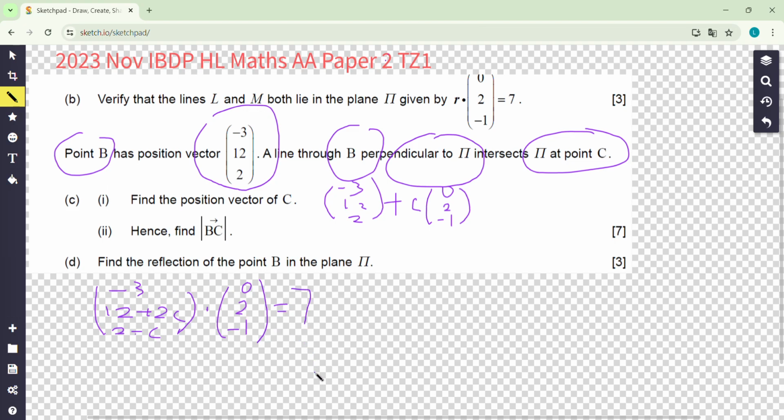So you have the equation about c, you just expand them, and then you will find out, oh, c is equal -3.